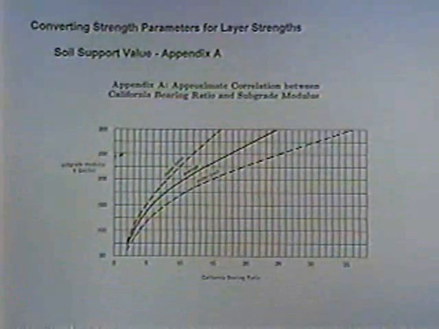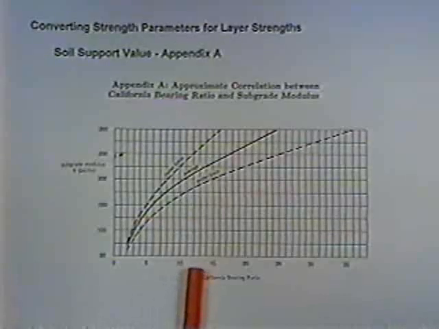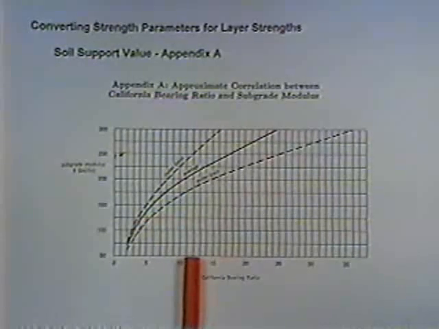For example, in this particular chart, if you knew that your soil had a California bearing ratio value of 12.0, you would project that line vertically upward until you intersected the average curve, then go over to the left, and you'd read a subgrade modulus of approximately 210 to 212 psi. You go back to that previous table and get some idea of what your soil support value S should be based on this California bearing ratio reading.